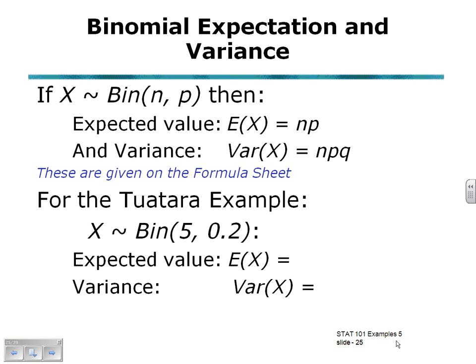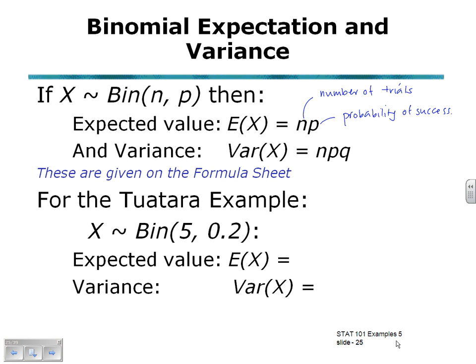Moving on to the expected value and the variance of a binomial. These are given on the formula sheet for Stat 101. If x is a binomial random variable with n the number of trials and p the fixed probability of success, then the expected value is simply n times p.